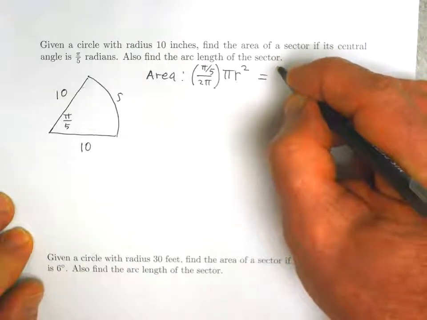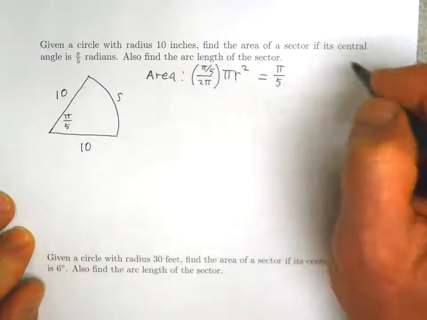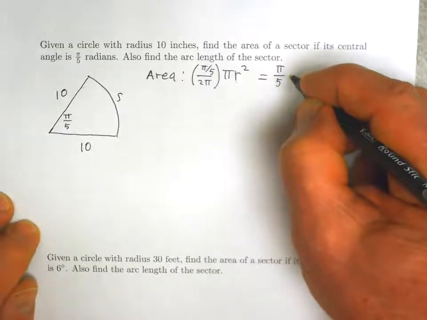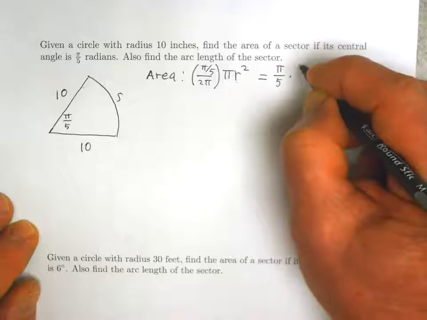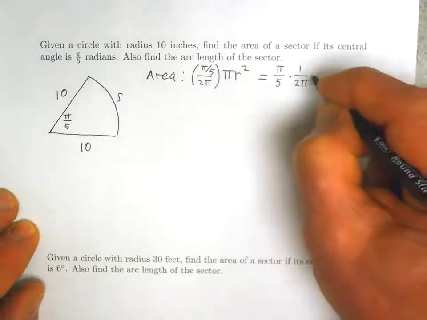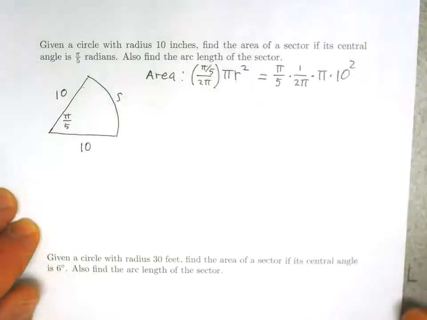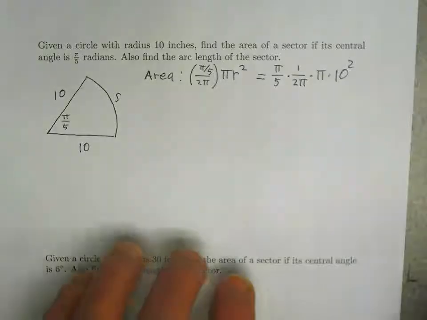If we divide pi over 5 by 2 pi, that's equivalent to multiplying pi over 5 by 1 over 2 pi, multiplied by pi times 10 squared. And then we'll just do the arithmetic.